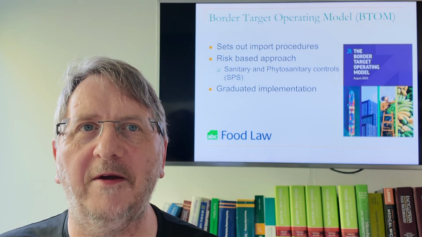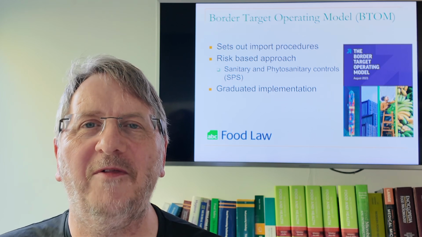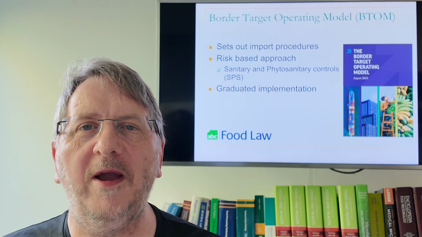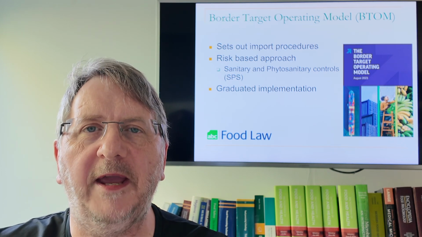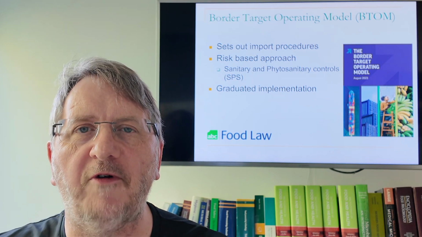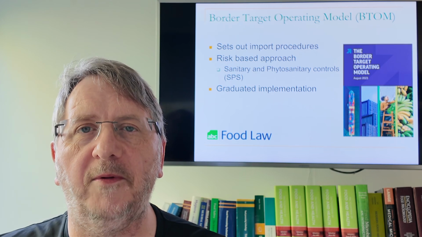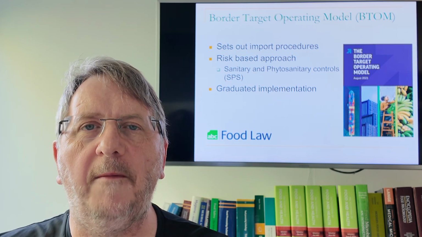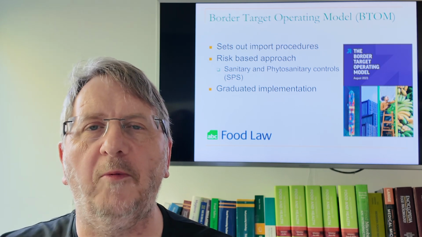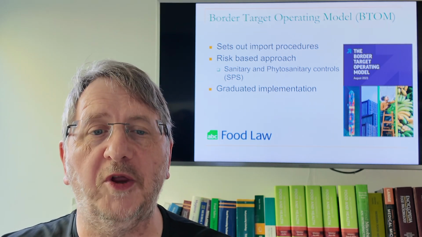The third implementation was yesterday, the 30th of April. So now we are performing almost full checks on imported goods coming into Great Britain from the European Union, for example. There are some further checks that will be coming in, and a trusted trader scheme that will be implemented in October 2024.